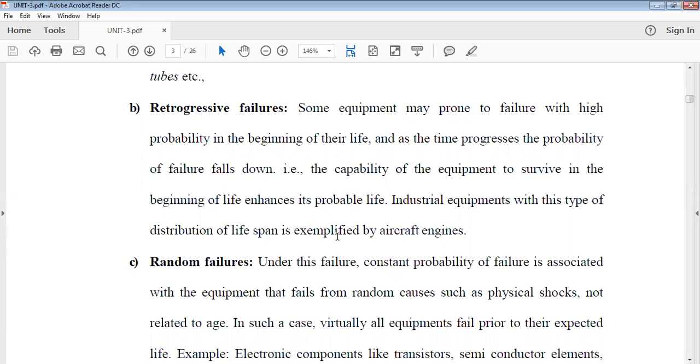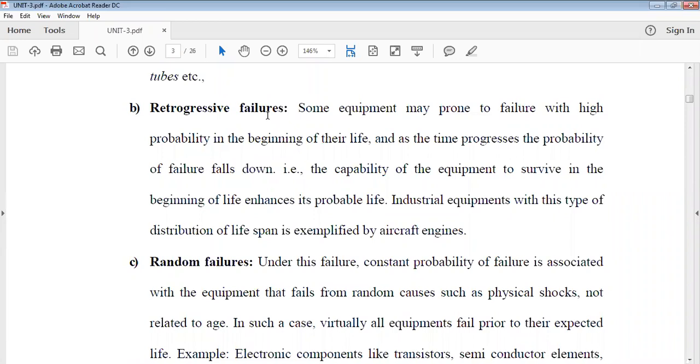So the fighter planes or the passenger planes, whatever it may be, if there is a failure, it may occur instantly. If they continue to work, they are going to give a long life. So this is going to be called a retrogressive failure.